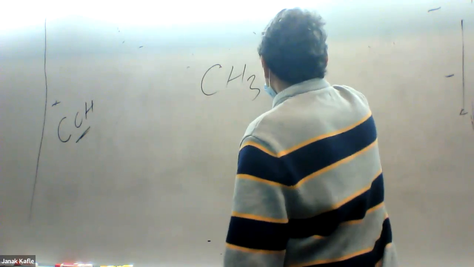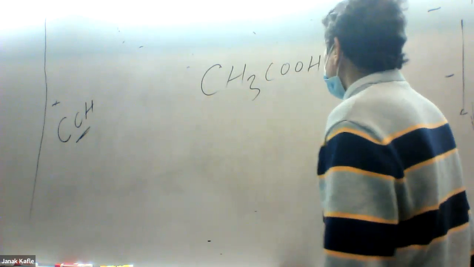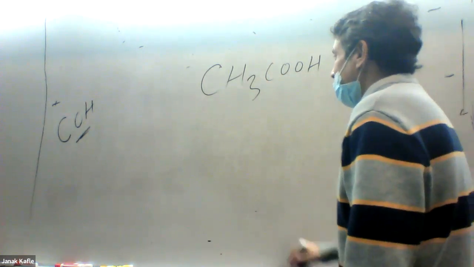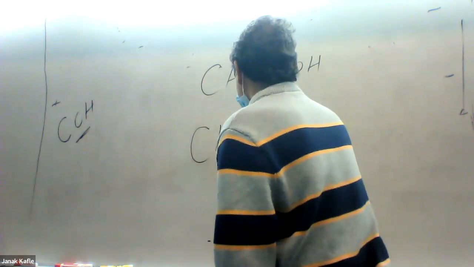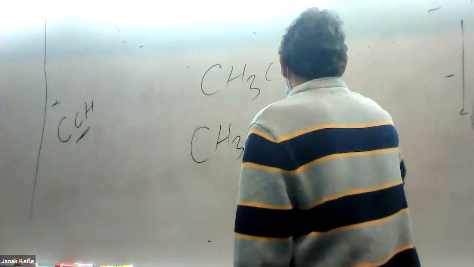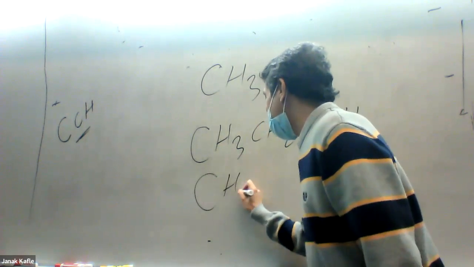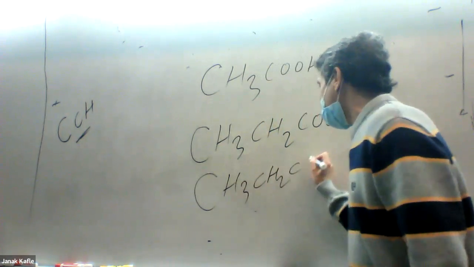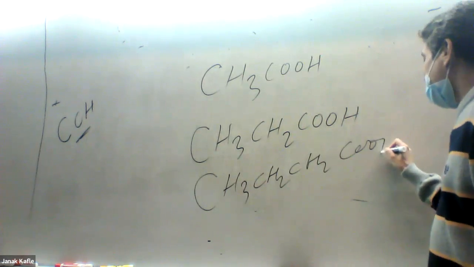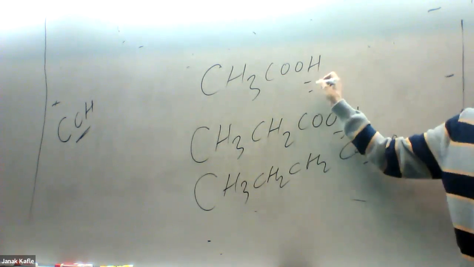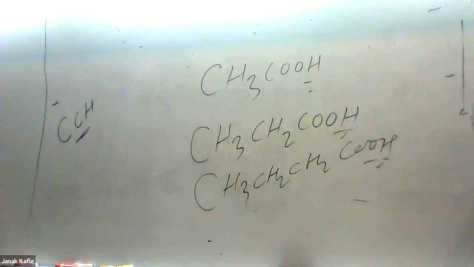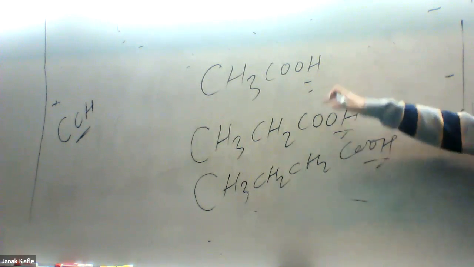So let's write one compound here, CH3COOH. So I write like this. It's an electrolyte. I can write another like this, CH3CH2COOH. Electrolyte. I could write another one and another one. As long as I see COOH there, these are all electrolytes, ionic compounds, but weak electrolytes.